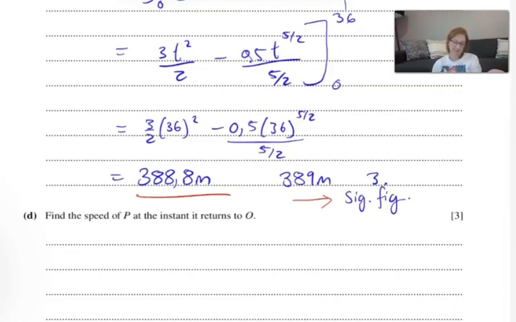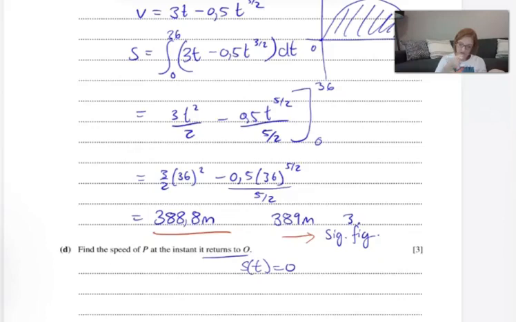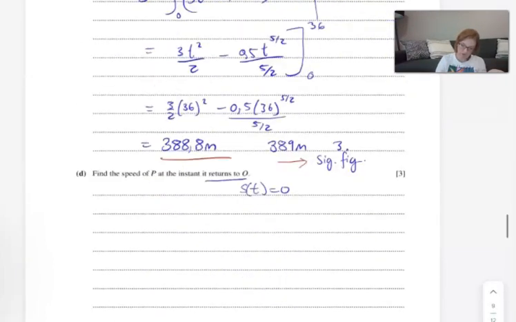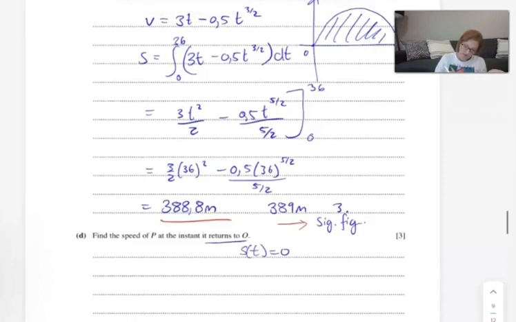Okay, find the speed of P at the instant it returns to 0. Okay, so we don't know when it is returning to 0, but returns to 0 means your displacement is going to be 0. Okay, so we first have to figure out when the displacement is 0. So I've now got my displacement formula, sort of. I'm going to just go from here.